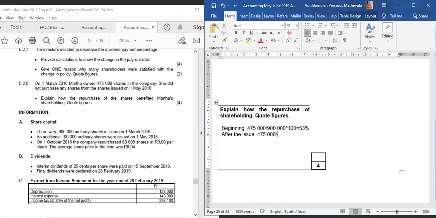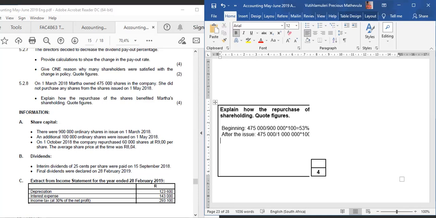So now we're going to calculate how much she owned of the company after the issue. 475,000 divided by 1 million, because now we had 1 million shares, right?